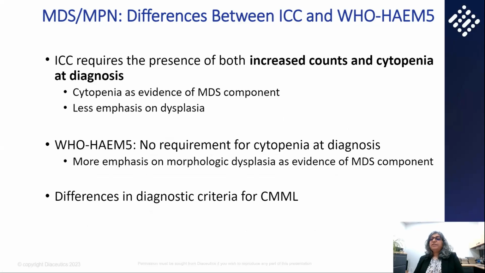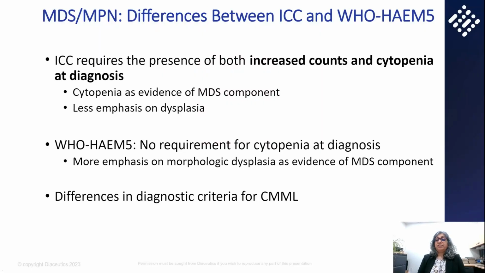There are some significant differences between ICC and WHO for the MDS-MPN category, and one of them is that ICC requires the presence of both increased counts and cytopenia at diagnosis. ICC uses cytopenia as evidence of MDS component with less emphasis on dysplasia, whereas WHO does not have a requirement for cytopenia at diagnosis.